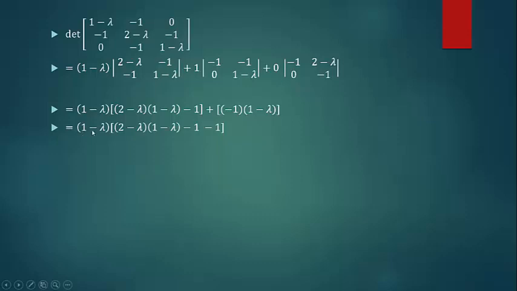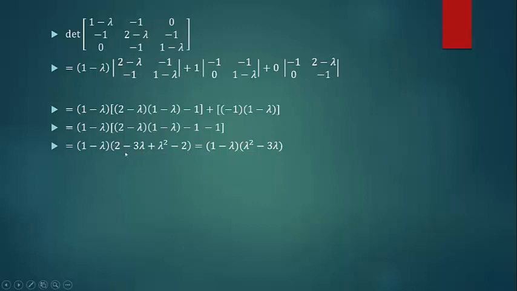And this is what I obtain when I do that. I have (1 minus lambda) times [(2 minus lambda)(1 minus lambda) minus 1], and then I have this minus 1 from this expression here. So now I can just leave this 1 minus lambda alone, and then I can start multiplying out everything in the square brackets, and that's only going to be a quadratic, so things will simplify a little bit for me. So when I multiply all of this out, I get (1 minus lambda) times the quantity (2 minus 3 lambda plus lambda squared minus 2).